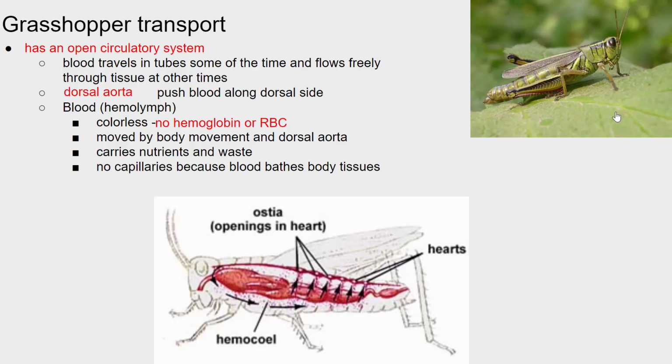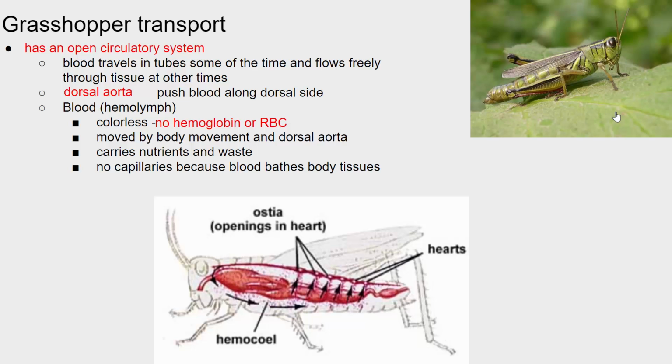Remember, we talked about gas exchange. Insects have tubes that go directly from the outside into the tissues of the insect, providing oxygen in that way, rather than the oxygen being transported around via blood. Then why do you need blood? Good question. It's not to transport oxygen.